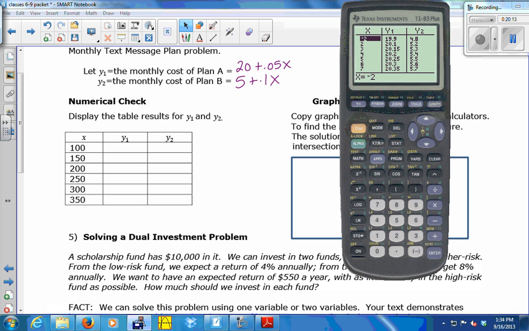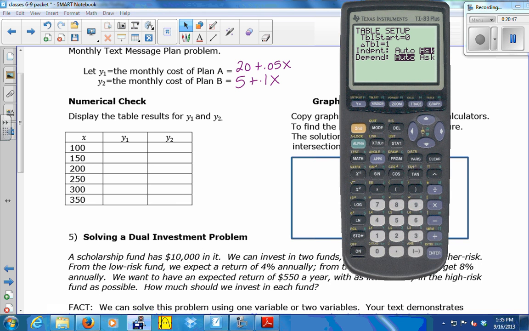And I want x values for 100, 150, 200, 250, 300, 350. If you can't type in x's, you go to table set right above window. And you should make sure that your independent variable is set to ask and dependent is set to auto.